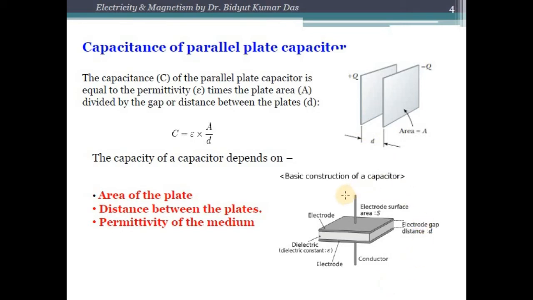So this is the basic construction of a parallel plate capacitor. These are the two plates, and this is the dielectric medium. With the help of the dielectric medium, you can bring these two plates very close to each other.